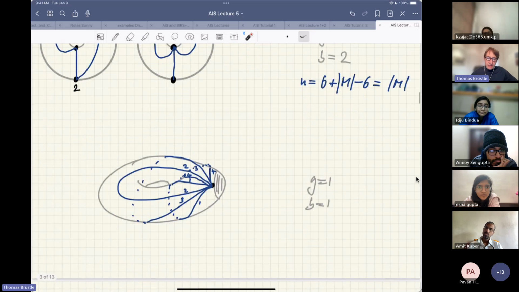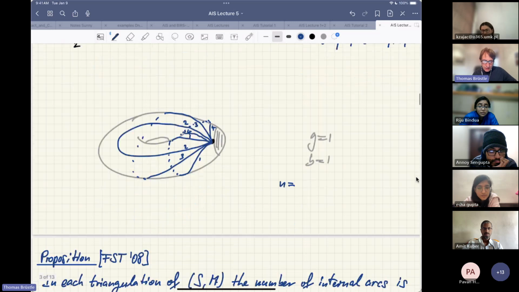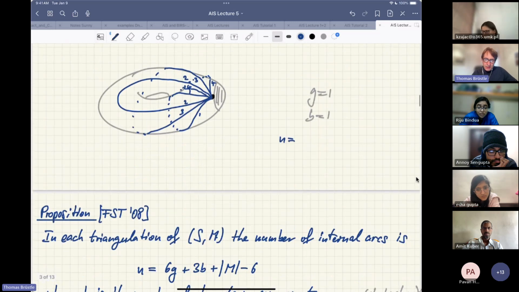And let's move into this case here. Our formula for n would be, the genus has changed. So 6 times the genus plus 3 times the boundary components, so plus 3, plus number of marked points minus 6.